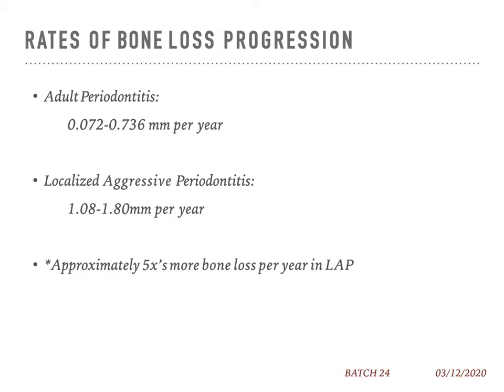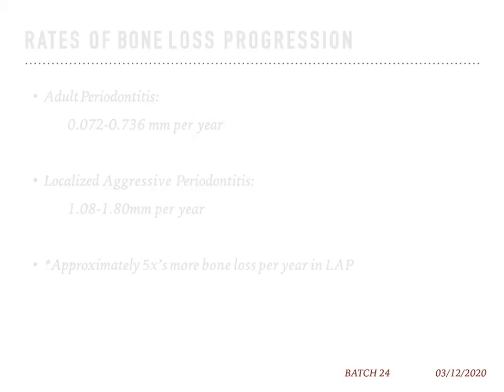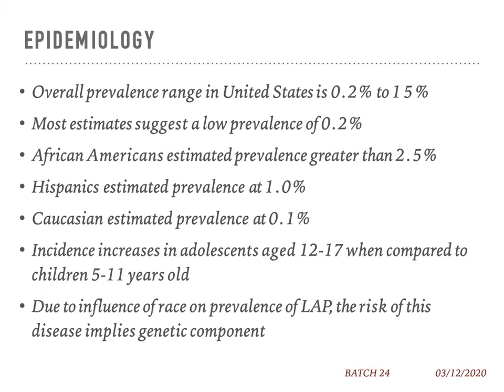So within 5 years the patient will lose the teeth if the disease is not diagnosed properly at an early stage. So basically the bone loss is approximately 3 to 4 times faster compared to chronic periodontitis. Coming on to the epidemiology, the overall prevalence ranges differ in different regions, but comparatively localized aggressive periodontitis cases are very minimal compared to chronic periodontitis patients all over the world.